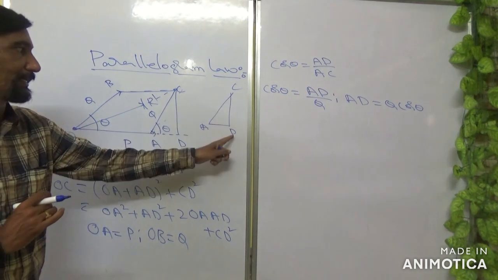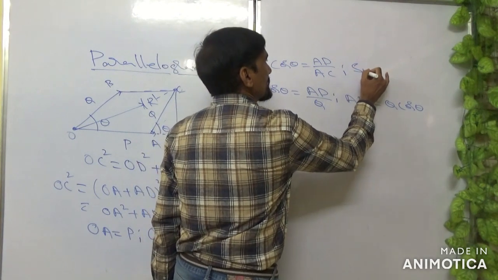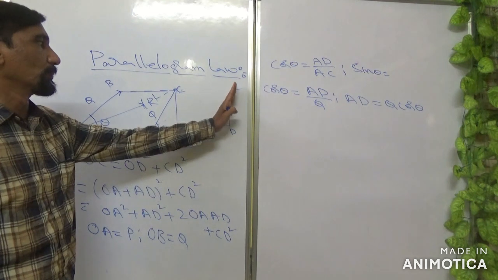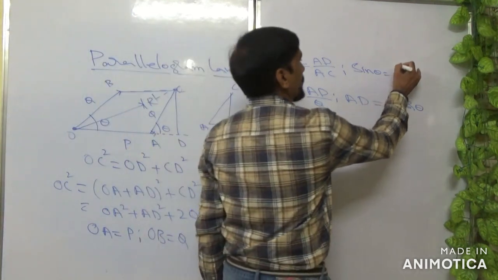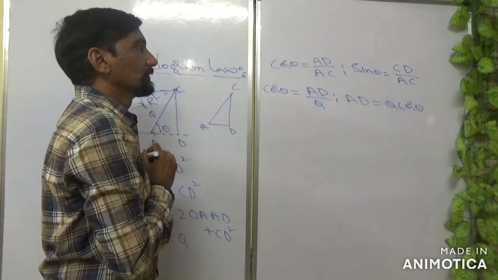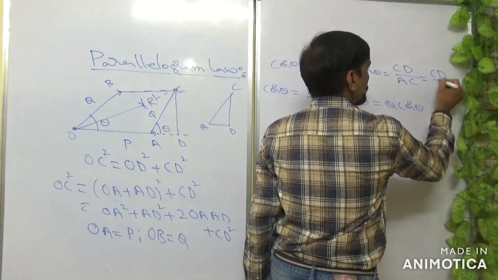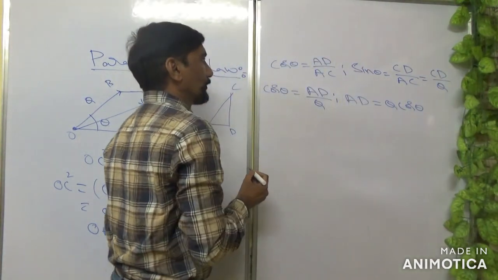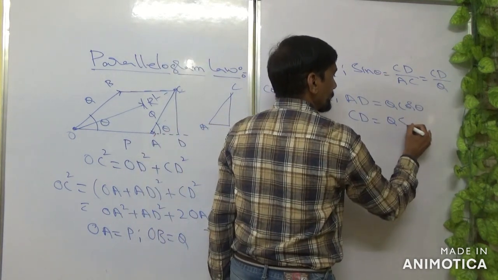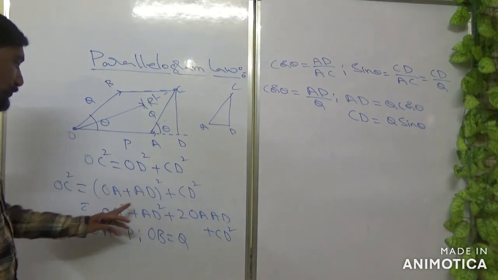In this triangle it is opposite. Whenever you require opposite, you always take sin theta. So sin theta is equal to opposite by hypotenuse, nothing but CD by AC. This is Q now. So CD is equal to Q sin theta.